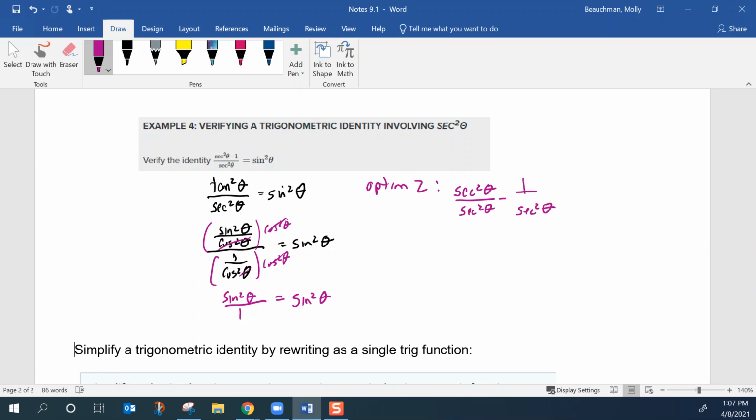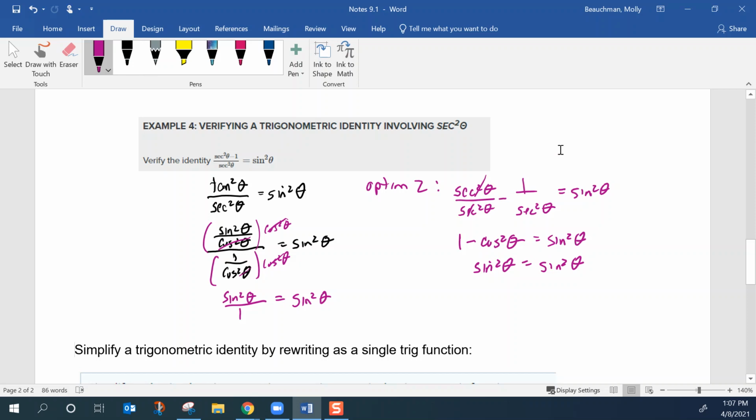And if we did that, the secant would end up being a 1, minus 1 divided by the secant squared, which is the cosine squared. 1 minus cosine squared is the sine squared. So there are actually two different ways you could use the algebra manipulation and the trig identities to show that the left-hand side equals the right-hand side.